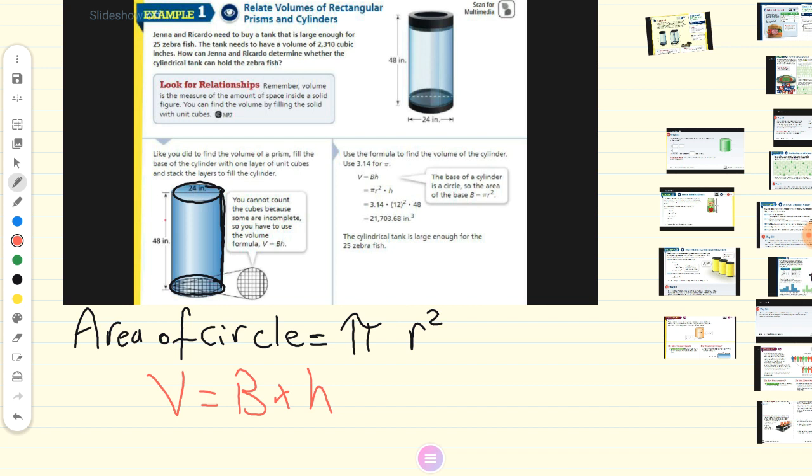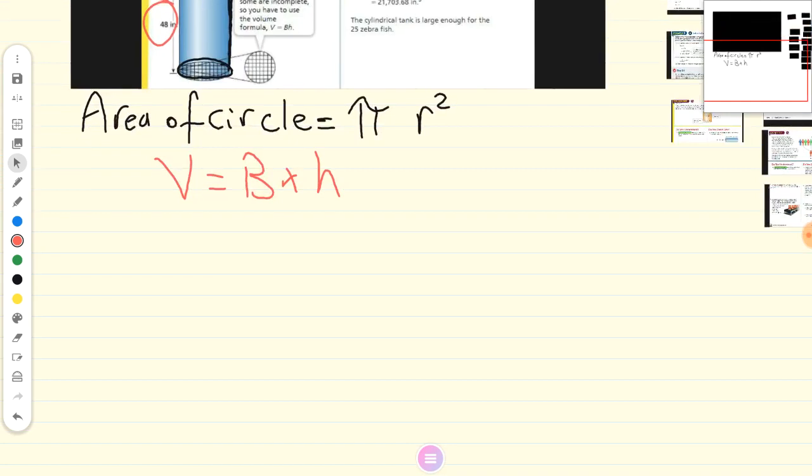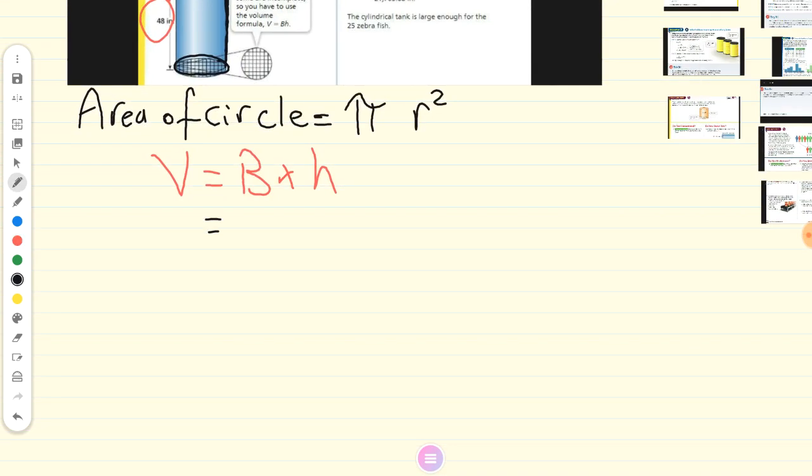The height here is given as 48. So it's base area, which is pi r to the power 2, multiply height, and the height represents 48.